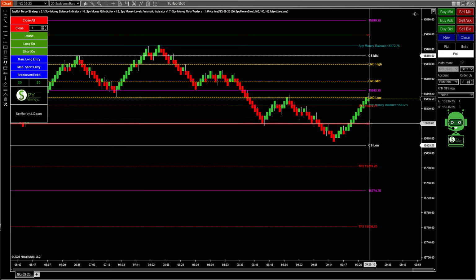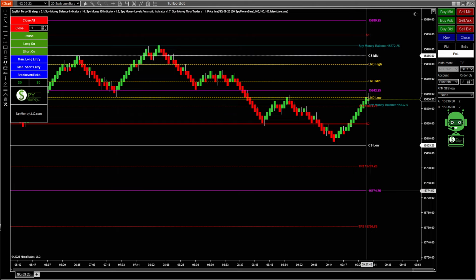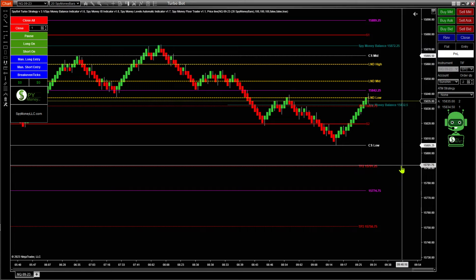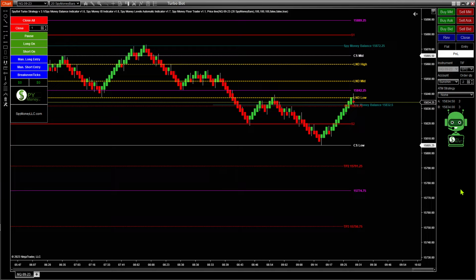So I'd like to see a short come in here to where we can play it down to this level here. If we can get that, that's about a 40-point move. If we keep going high, it will not short.